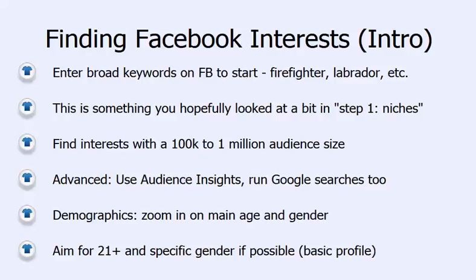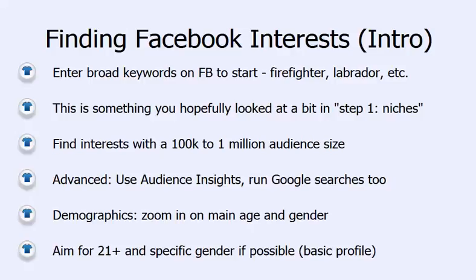One advanced tool is the Audience Insights tool, which is a really cool piece of software within Facebook ads that lets you put a keyword in, like firefighter, and see the demographics of the people who like that particular interest: their age, gender, location, and other related interests they might also like.